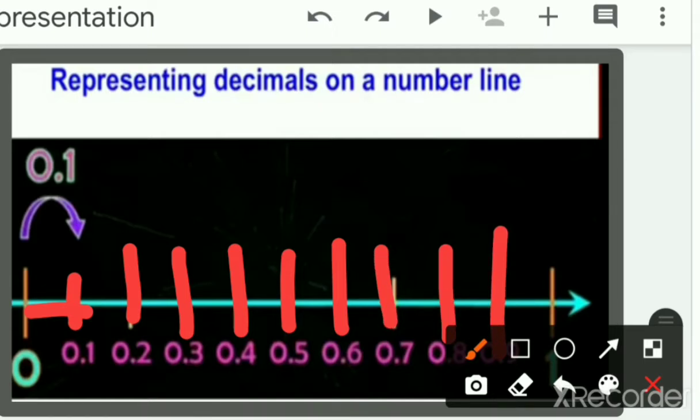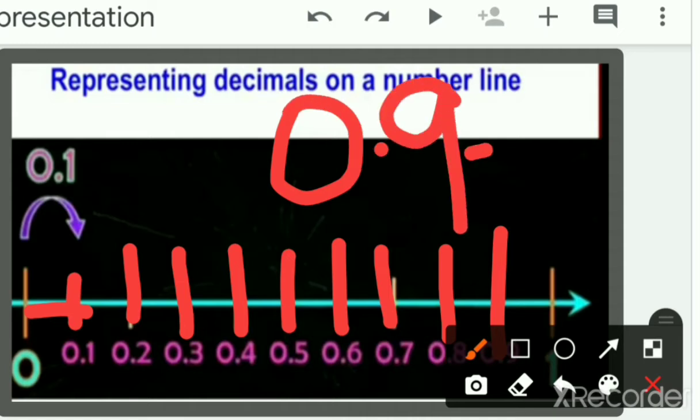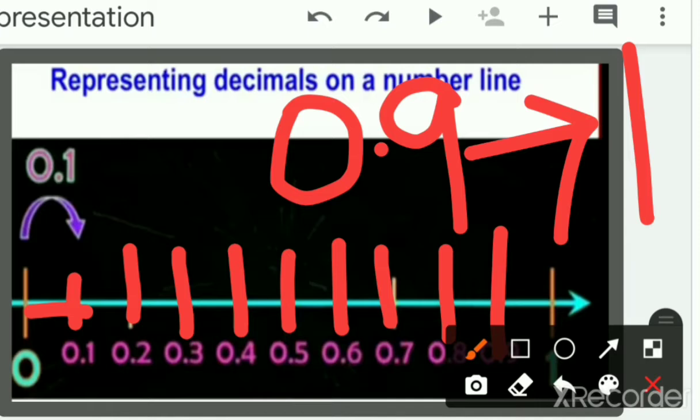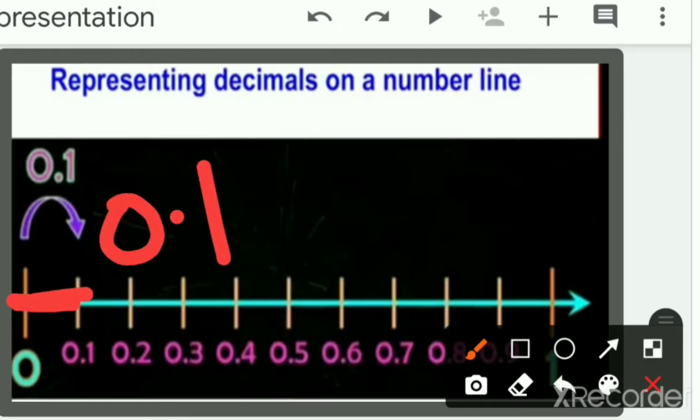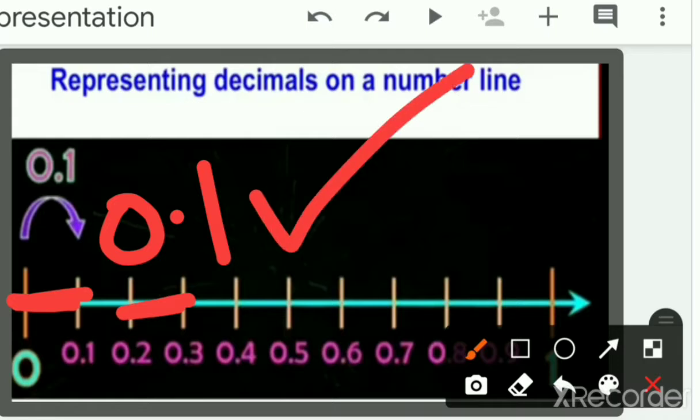After that, if you add 0.1, directly 1 will come. So here it is 1. The distance between each of them is 0.1, right? Yes, the gap between each of them is 0.1, and if you check their difference, only 0.1 will come.